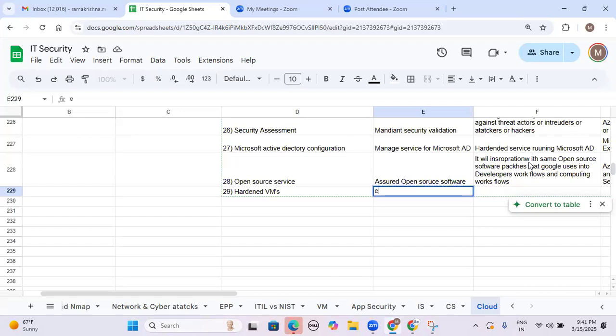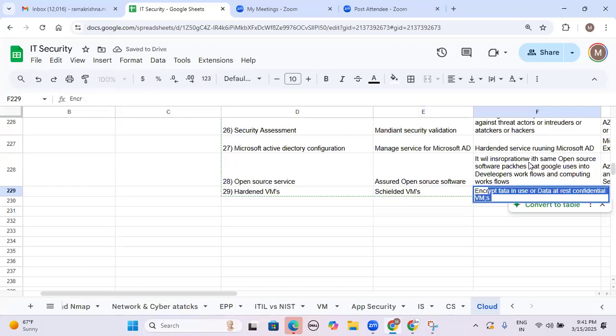Enforce or reinforce. So this one is called Shielded VM. So what we can say: enforce or reinforce virtual machines should be hardened via CIS controls.